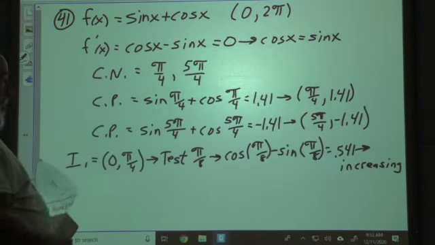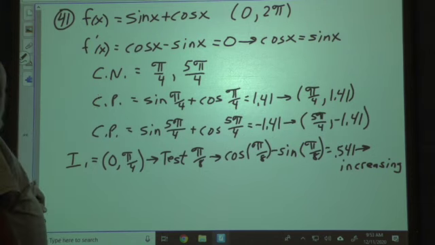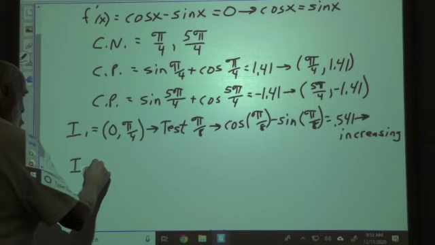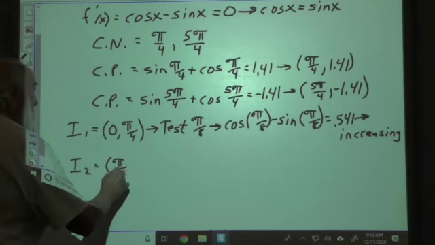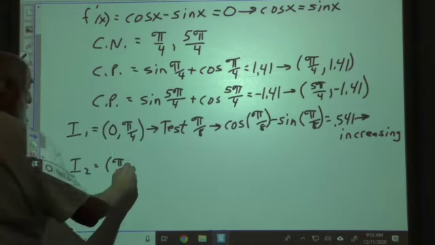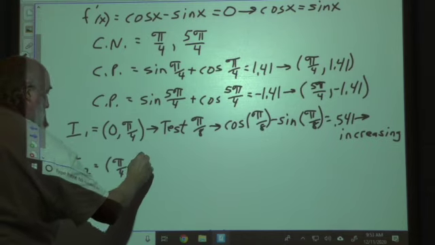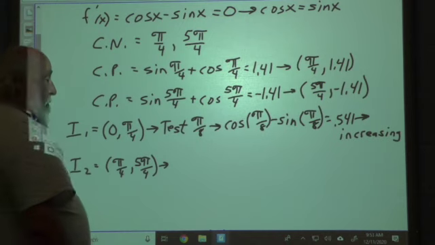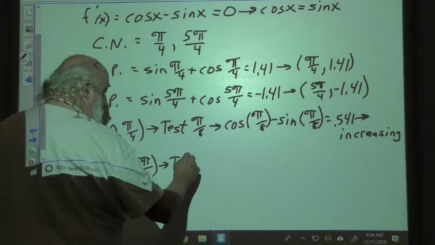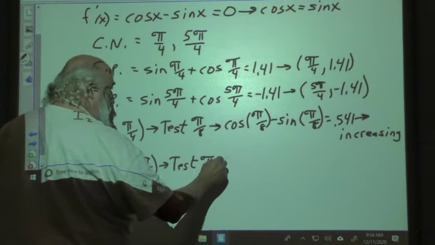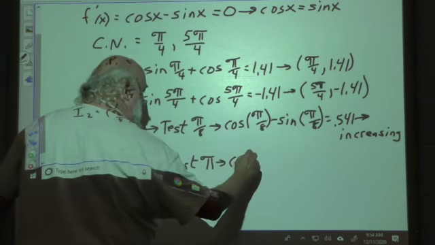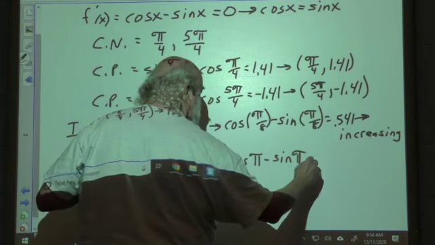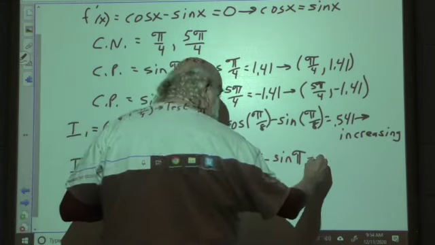Okay, so to know what's going on with this first critical point, I have to look at the second interval, which is from pi over 4 to the next higher number, 5 pi over 4. So I'm going to test pi, because it's easy. Cosine of pi minus sine of pi equals -1.